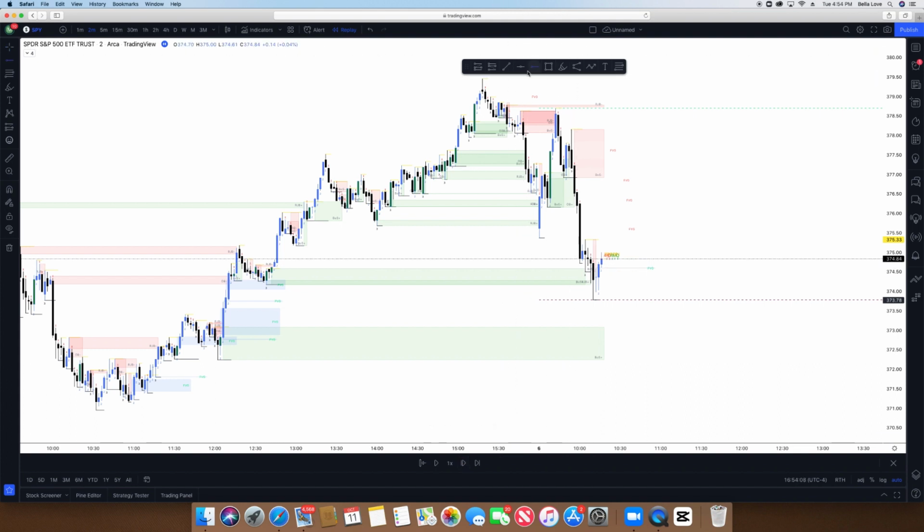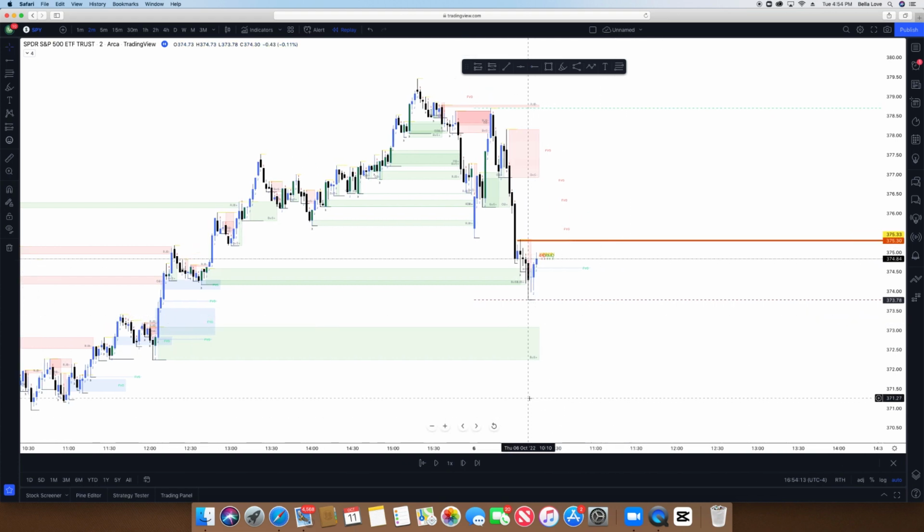So from here, I want to watch how it reacts around here before I say that it's going to fill the displacement in this moment.